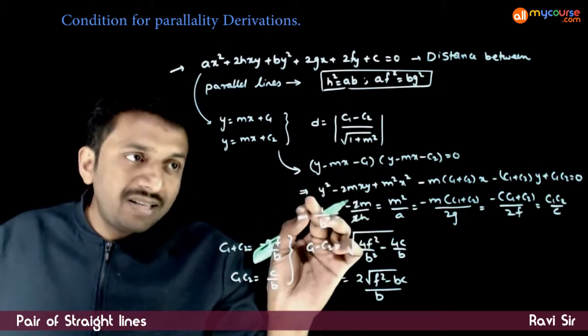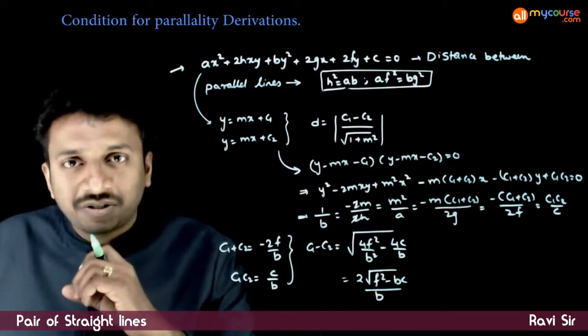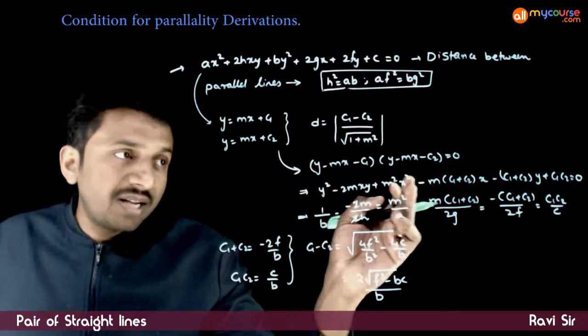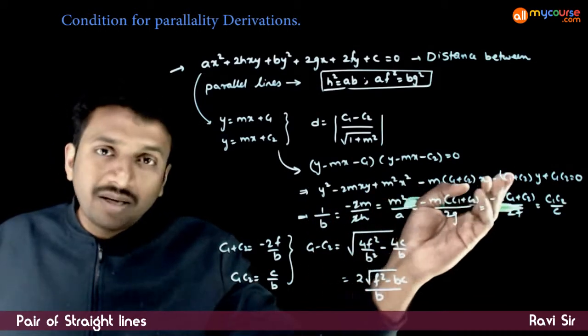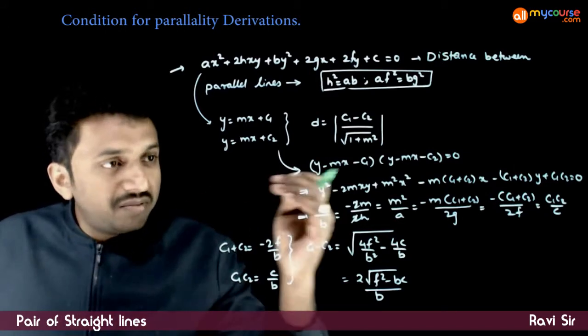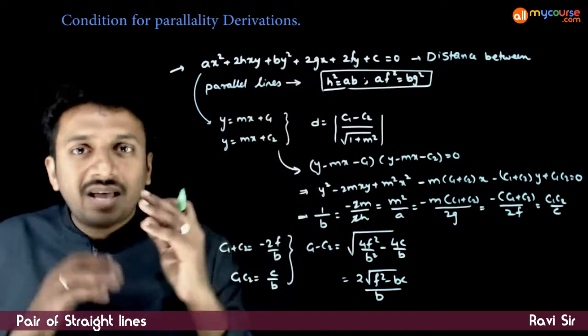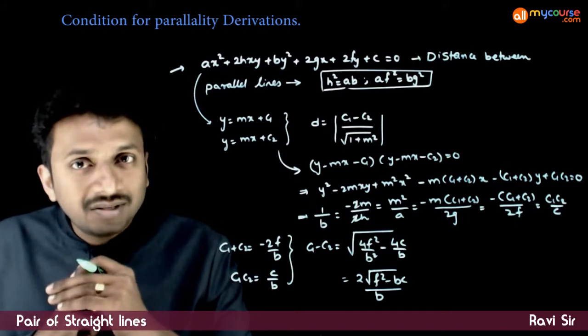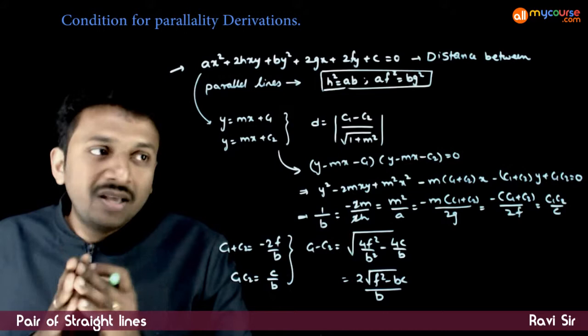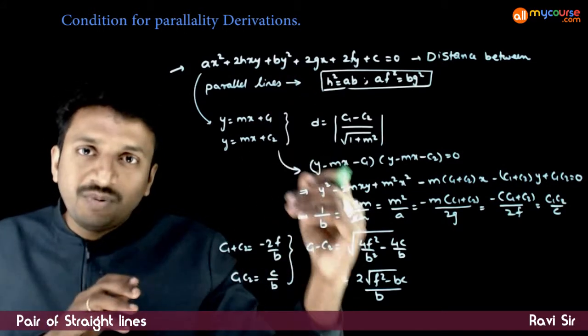So if you multiply this, you get this expression: y square minus 2mxy plus m square x square minus something into x plus something into y plus something is equal to 0. Now this equation and this equation have to be same because both are made up of these lines. So the ratio of coefficients have to be same.